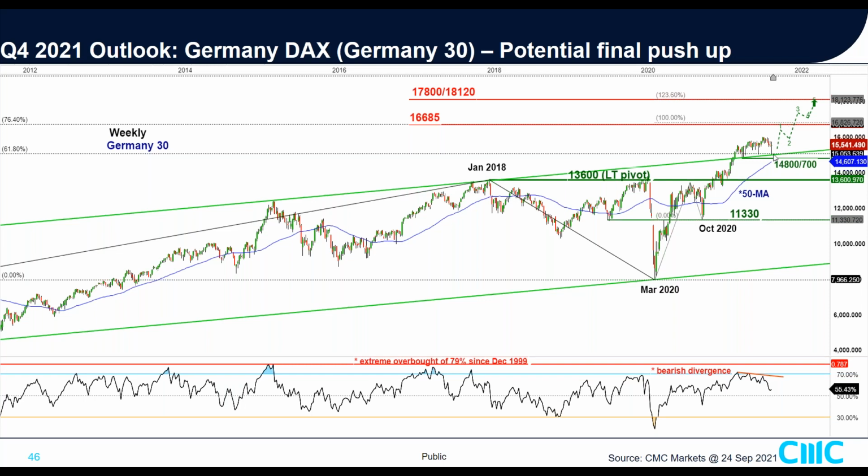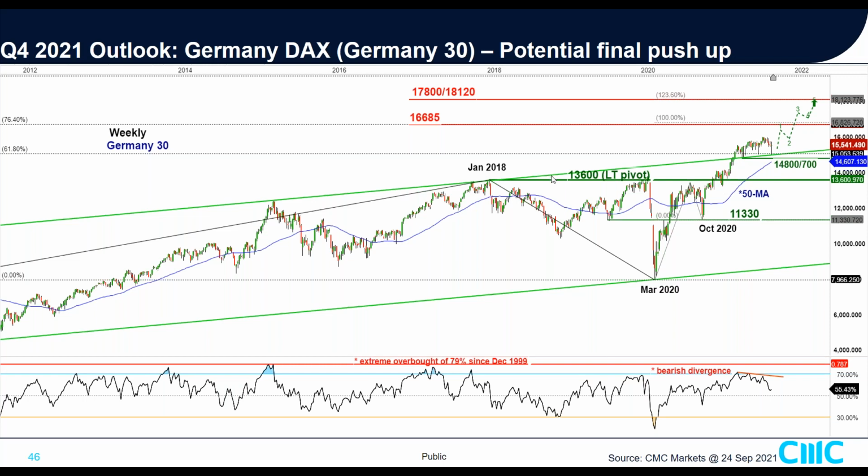Okay, so what we have over here is it's still holding above the support at 36. This is the intermediate support, 14,800/700. This is where we are expecting the current multi-week pullback to at least hit or stall at this level. But definitely the long-term pivotal support will be at 13,600. Very clearly, this is the former major swing high, where it actually did a bullish breakout after hitting the October low.